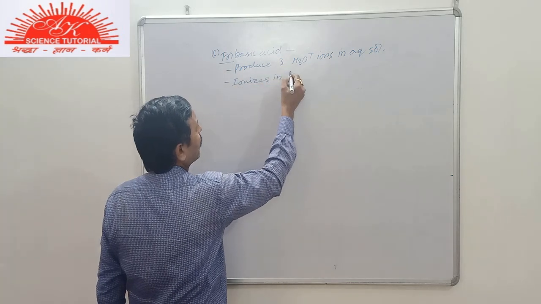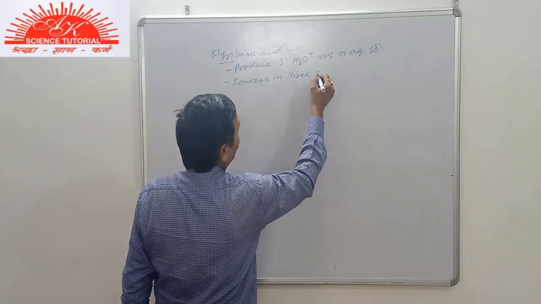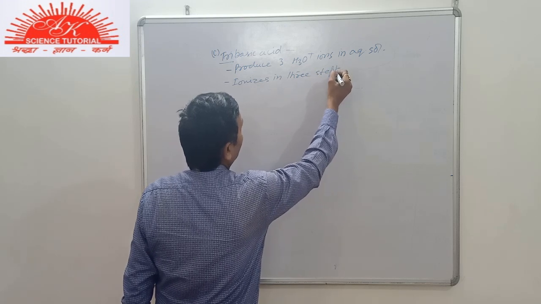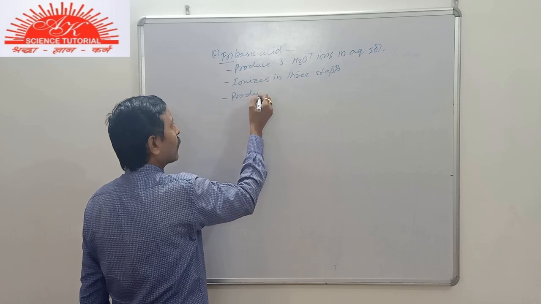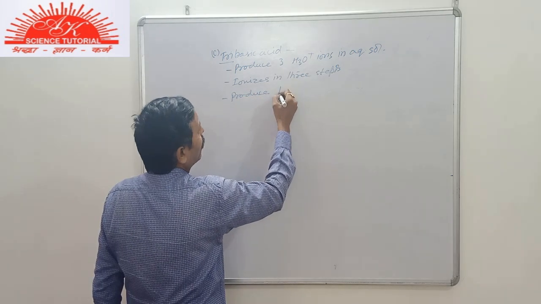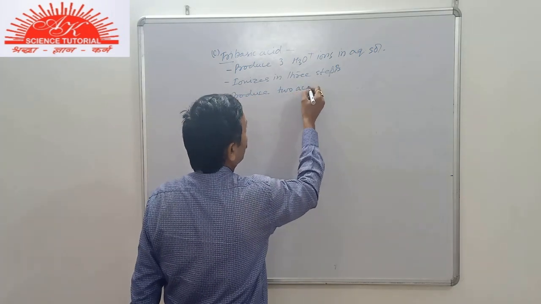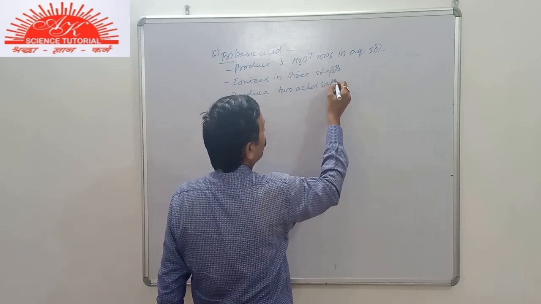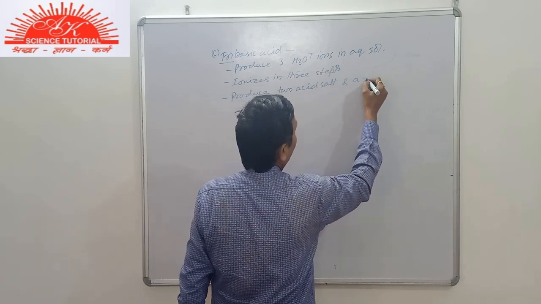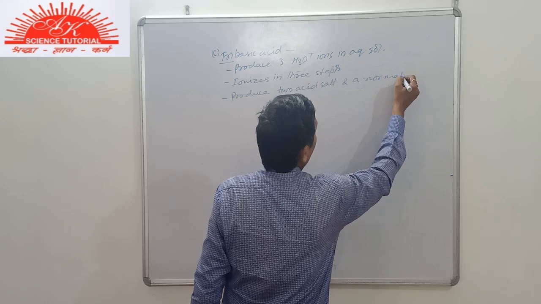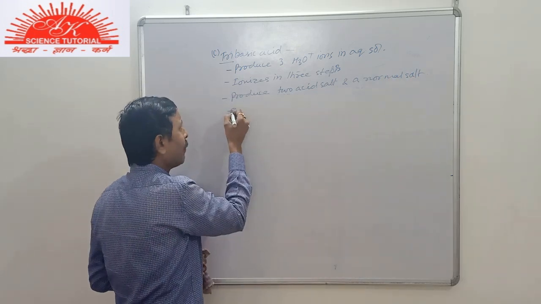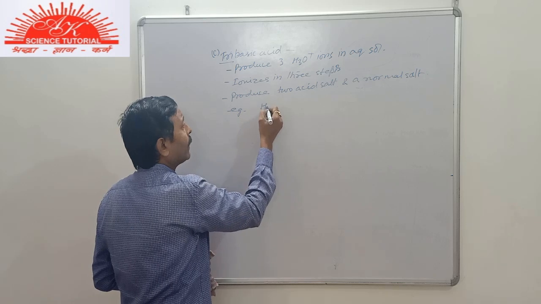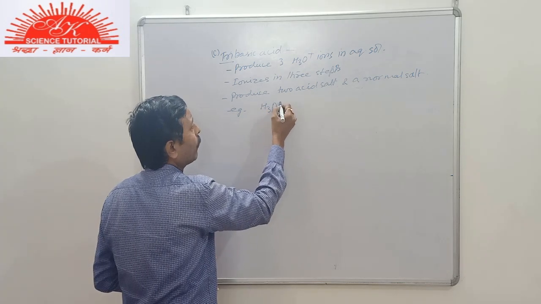It ionizes in 3 steps and produces 2 acid salts and a normal salt. Example, H3PO4.